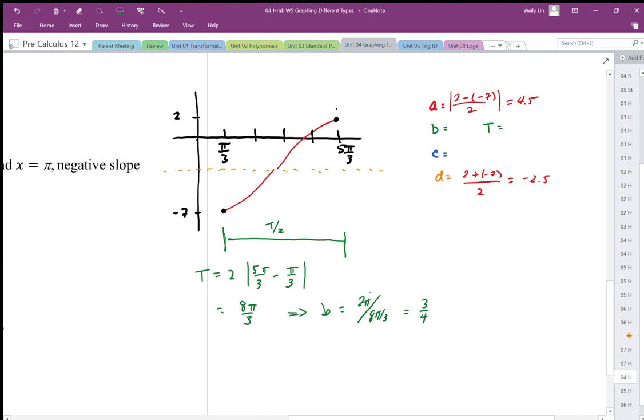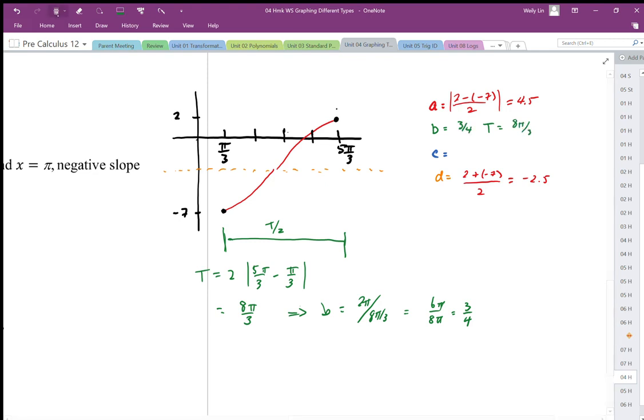Actually, we should just double check that. We're going to end up with 6π, the 3 goes on top, over 8, the π's cancel out. That's going to be, B value is 3 over 4. So the period works out to be 8π/3, and the B value is 3 over 4.